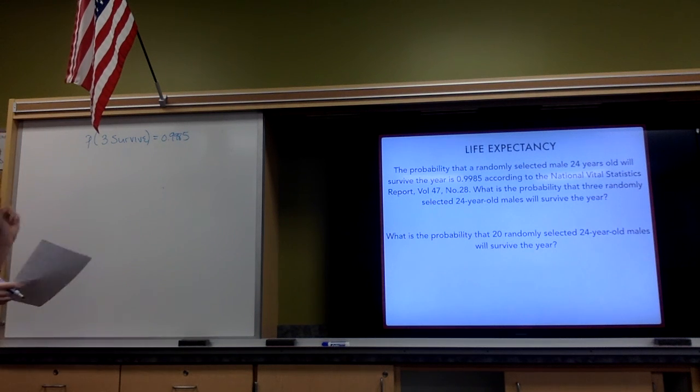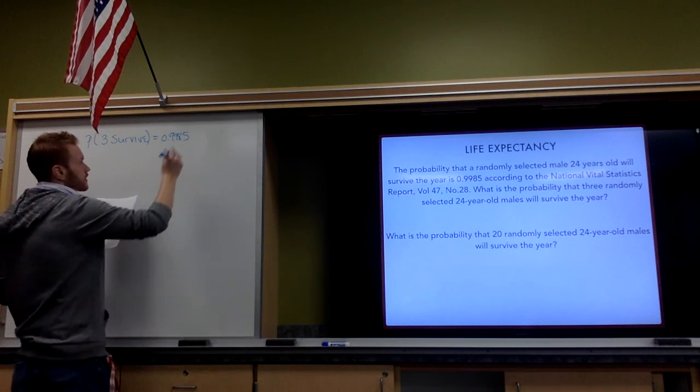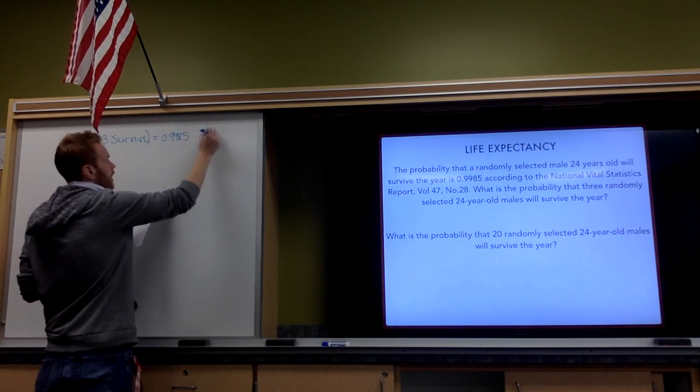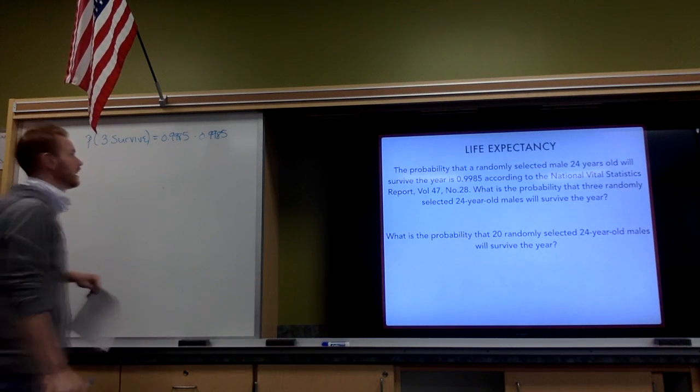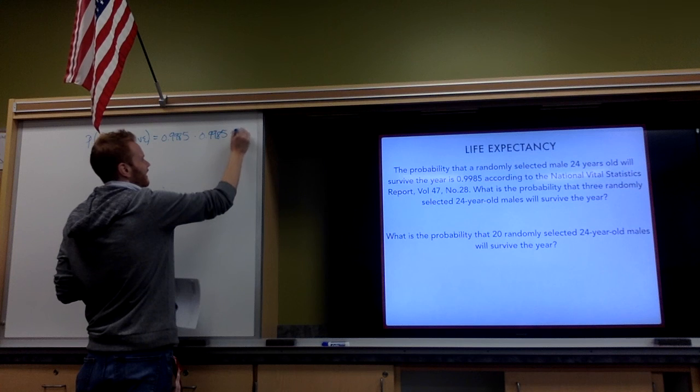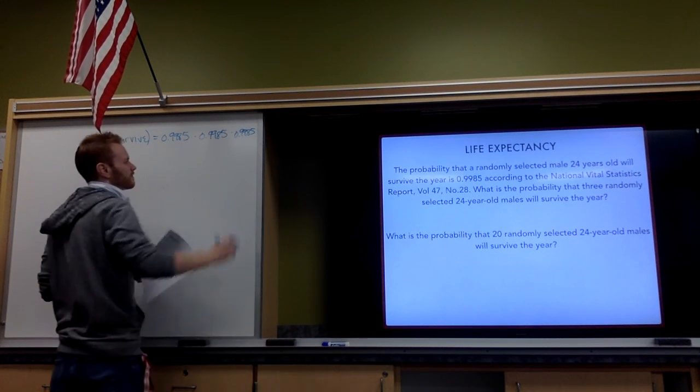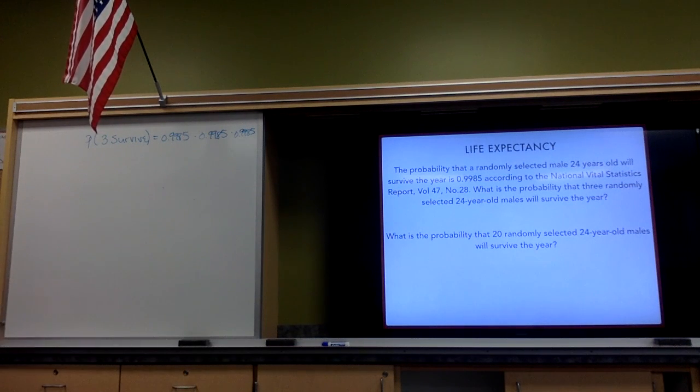That's the odds that the first person I select survives. He's good. The odds that a second person that I select survives. Same thing, right? Doesn't change. And I'm going to do it one more time, okay? Same thing. Okay, nothing changes.